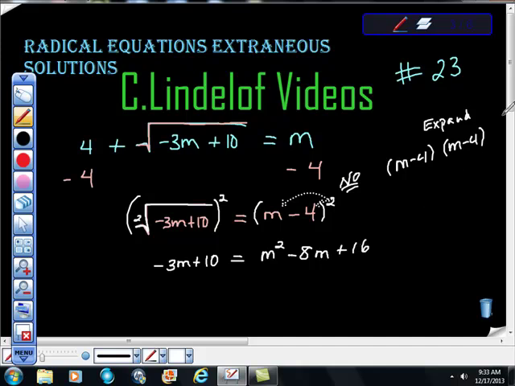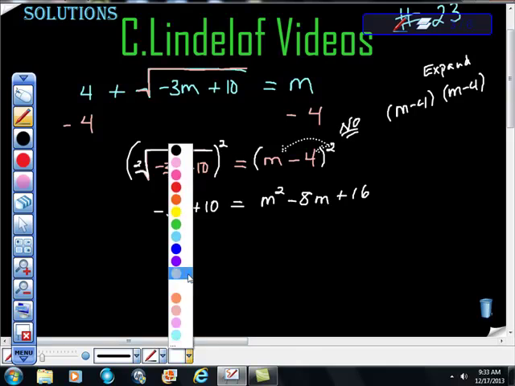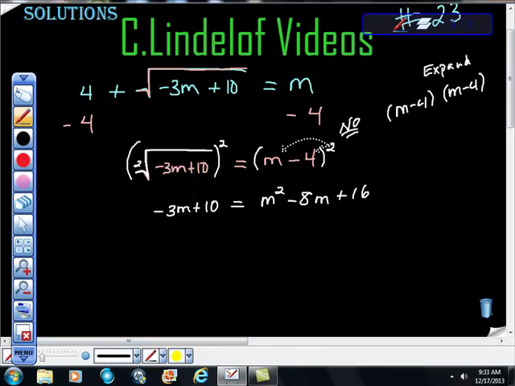I'm noticing now that I have a quadratic function, so I want to set this whole thing equal to 0. In other words, I want to move everything over to the other side. So I'm going to add 3m to both sides and -10 to both sides. So 3m to this side, then to this one.